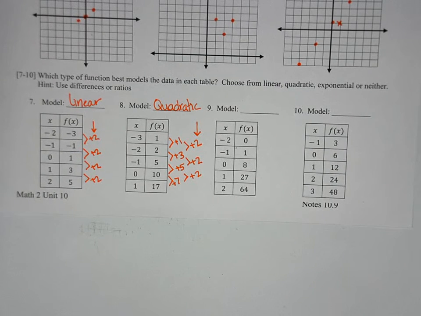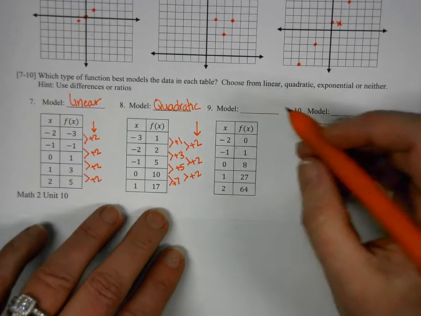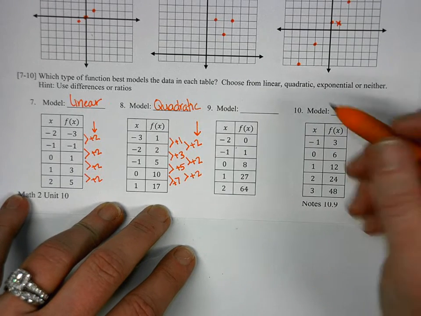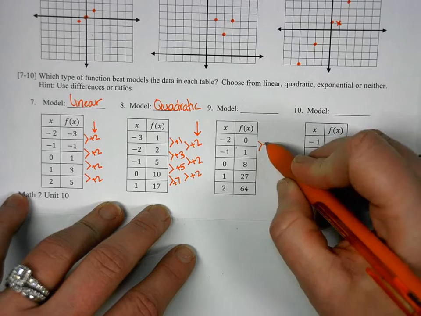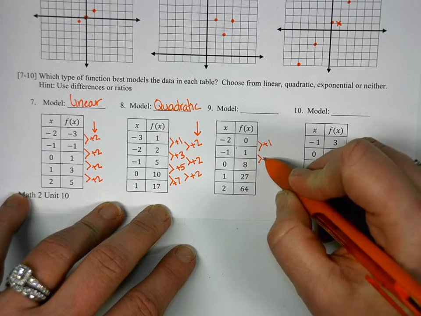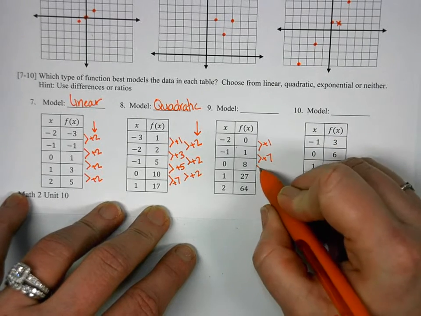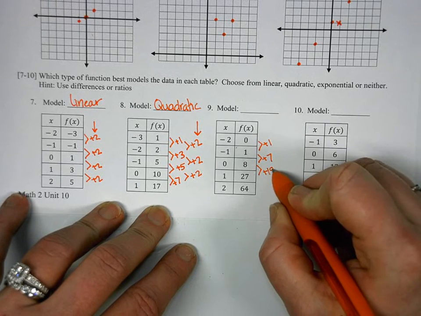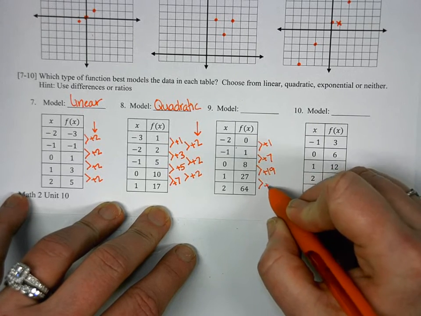Okay, what about number 9? Do we have a common ratio or a common difference? You said it's neither. How'd you get neither? Okay, so if we do the common difference, let's see, what was this one? 19, and this one was plus 37.